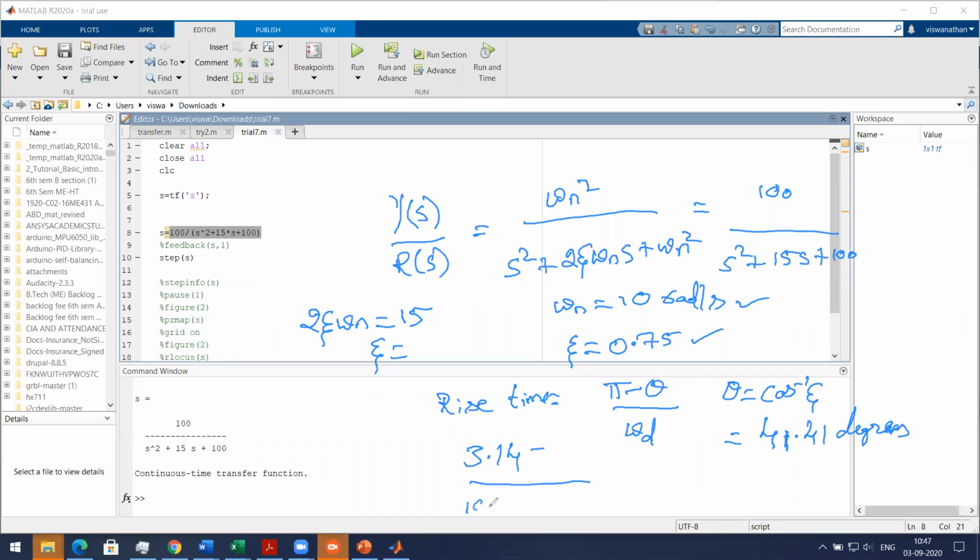So 10 into root of 1 minus 0.75 square. So put this 41.41 in radians first, and then calculate the rise time.